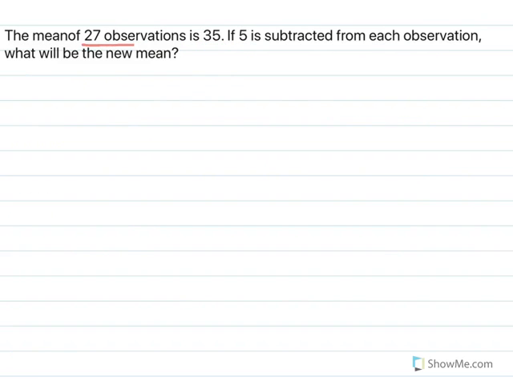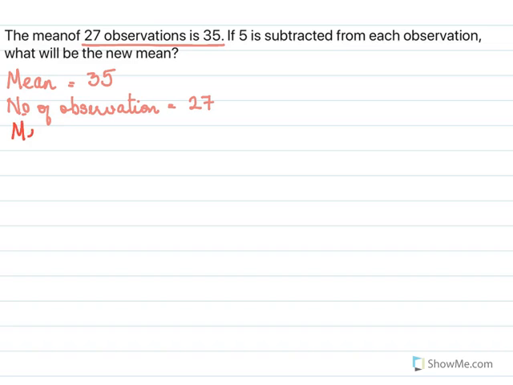The mean of 27 observations is 35. So here we have the mean equal to 35 and the number of observations taken equal to 27. So we know mean equal to sum over number of observations.